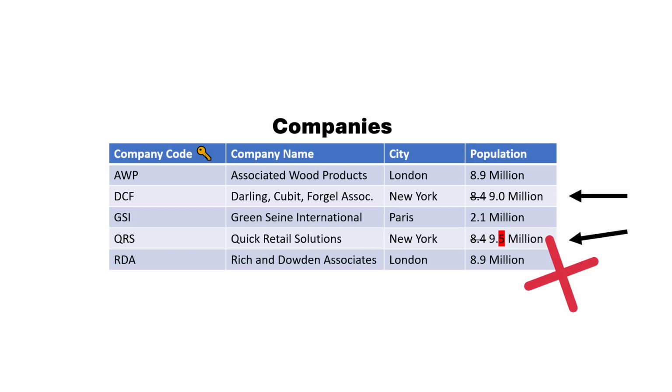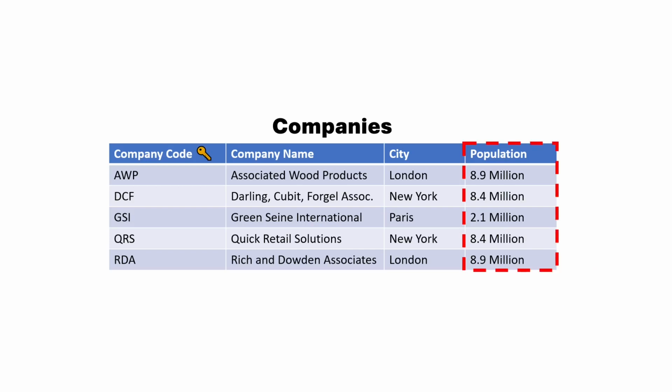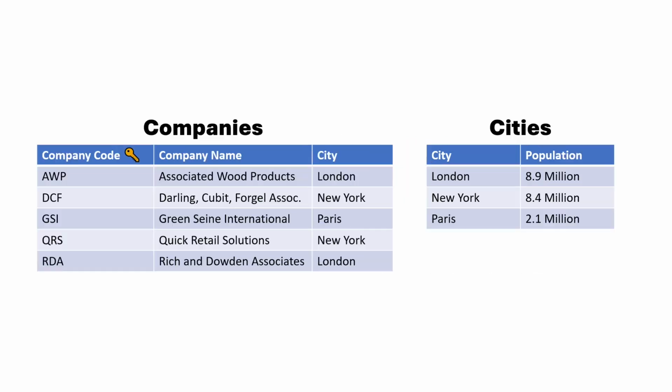The truth is, the population information is really part of the city and not part of the company in each record. To solve the problem, we would create a separate table that holds information on cities. This way, there is no duplication of information, and if anything changes relating to a city, we would only have to update the information in one place.